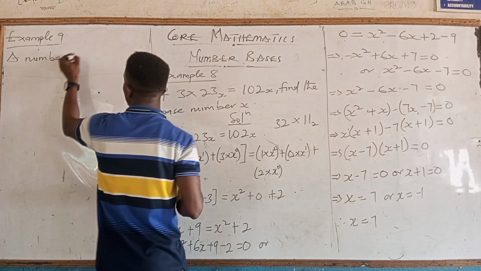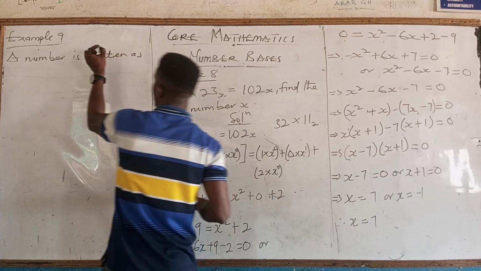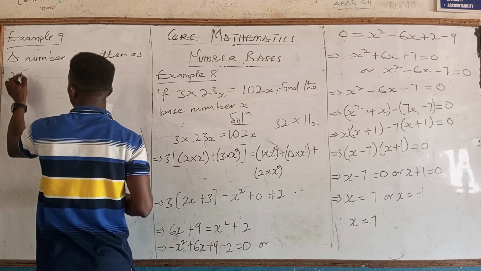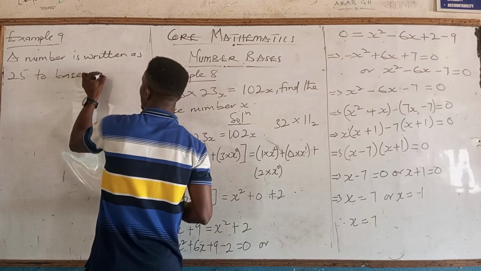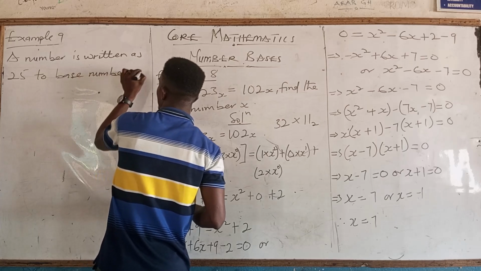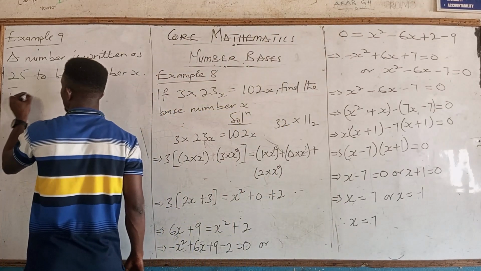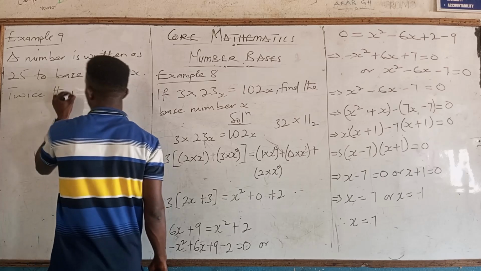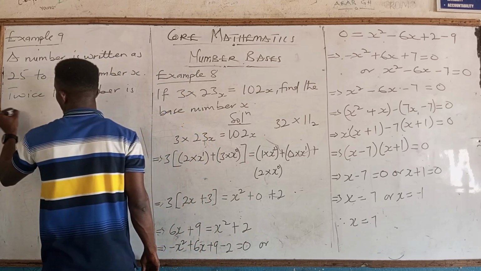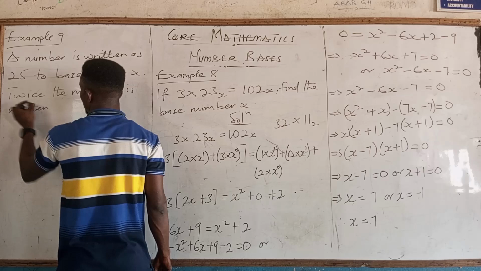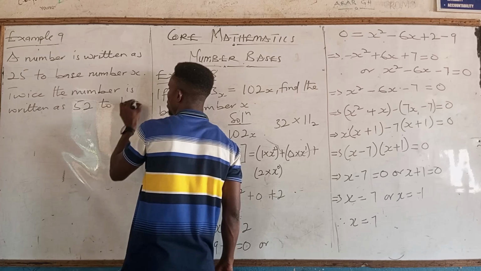A number is written as 2, 5 base x. Twice the number is written as 5, 2 base x.